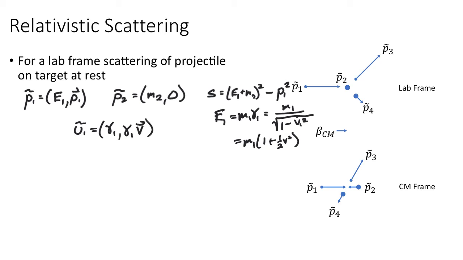So if we want to find this gamma 1 factor, or if we want to find the velocity, we can just divide the spatial components by the time component to find the velocity, which we could also call the beta factor.